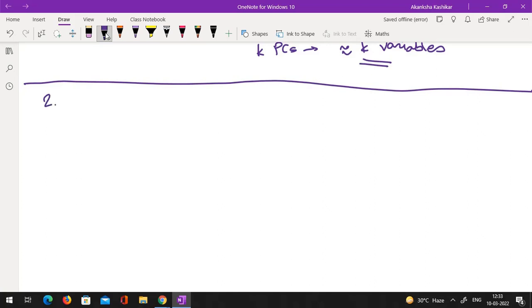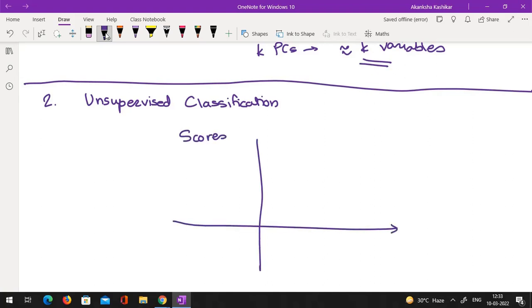Second application of PCA was unsupervised classification. What do I mean by unsupervised classification? We yesterday computed scores, correct? Those scores can be plotted.